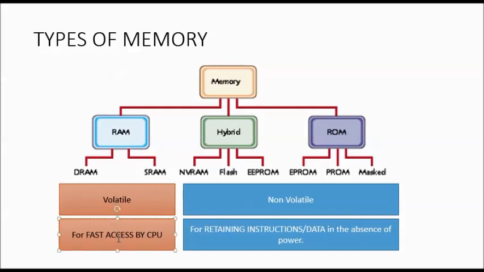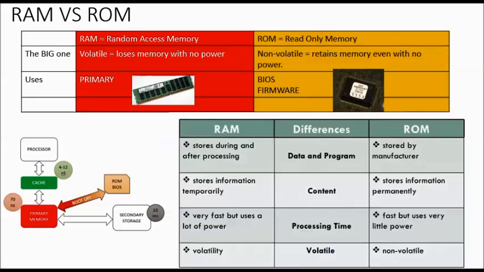It's designed to be fast and directly accessible by the CPU. ROM, on the other hand, is not really built for speed, but it is built for going the distance. It's built for retaining instructions or data in the absence of power. This is done by making use of a similar but different technology to what RAM is constructed from.